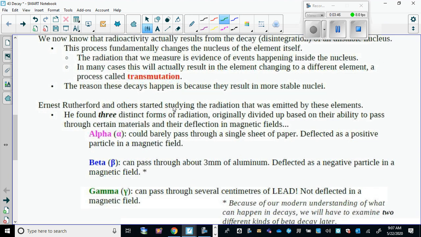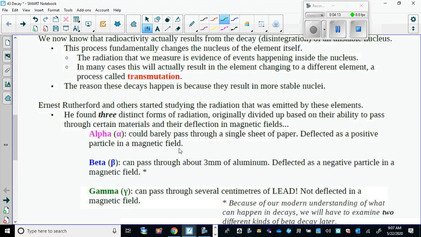So Ernest Rutherford and 3 others started studying radiation that was emitted by these elements. They found these radioactive elements like polonium, uranium, thallium, actinium. And they noticed that they were transmutating into different elements. And so they found out there were 3 types of radioactive decay.